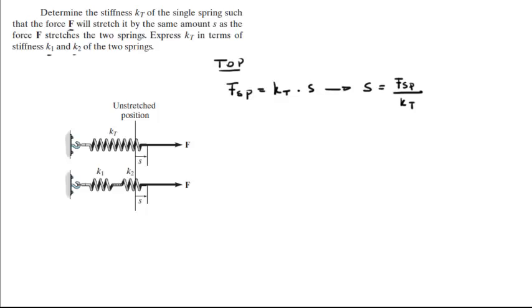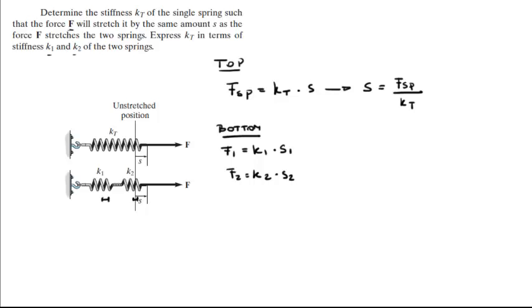Now if we work at the bottom with the bottom system of springs, you know that F1 is equal to K1 times S1, and F2 is equal to K2 times S2, S1 and S2 being the stretch of each of the springs.